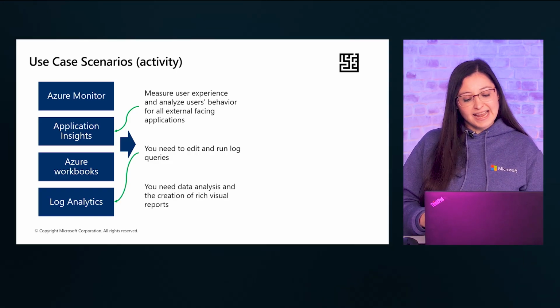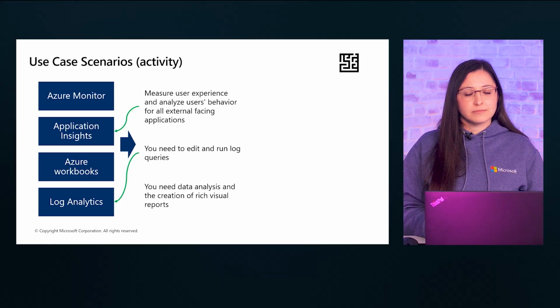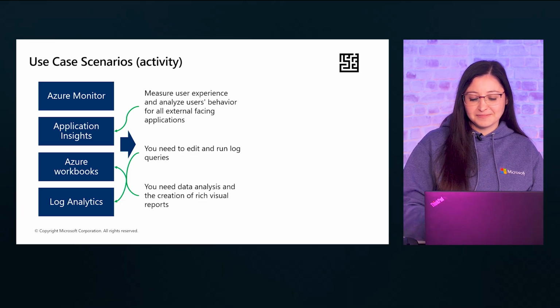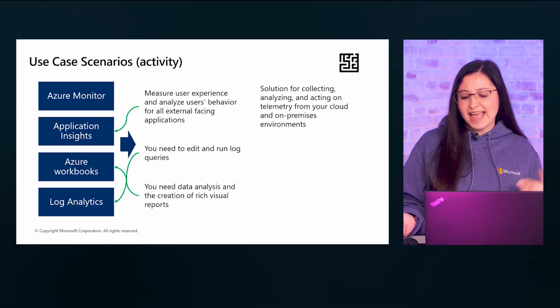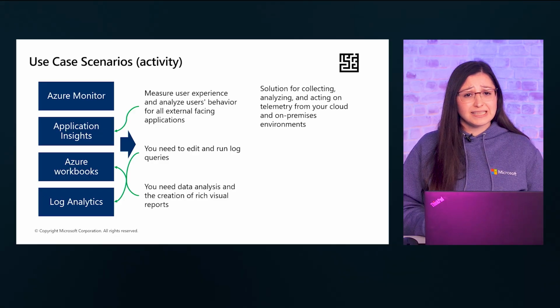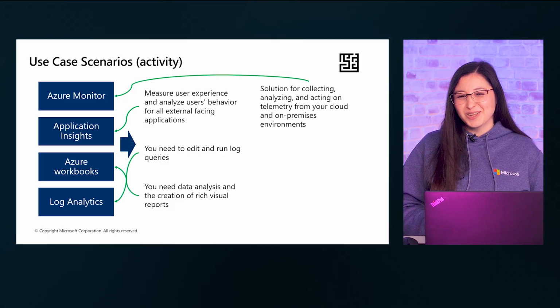If we need data analysis and creation of rich visualized reports, this is Azure Workbooks. If we need a solution for collecting, analyzing, and acting on telemetry from cloud and on-premises environments, what will be the best fit? We can use Azure Monitor.